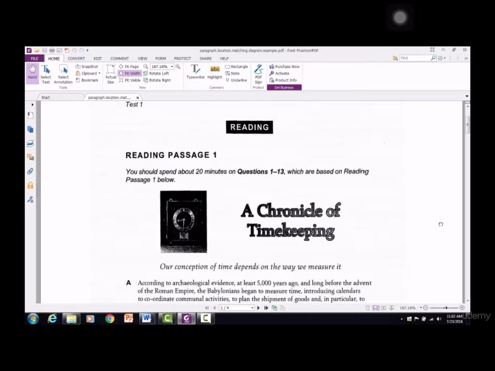So it's a very easy question to understand in terms of strategy. The biggest challenge is you have to read this sentence in the passage and then find the parallel synonym match to one of the questions. So that's the real challenge.